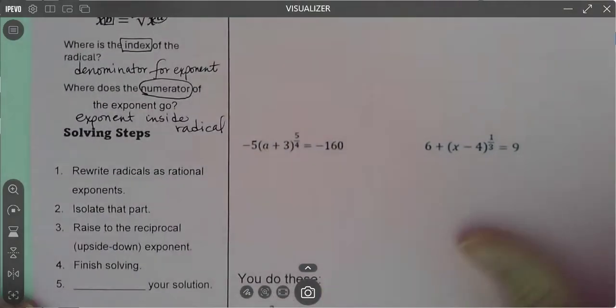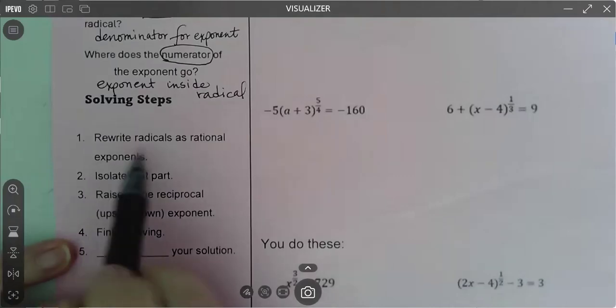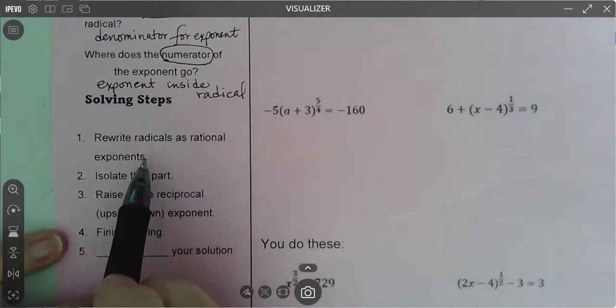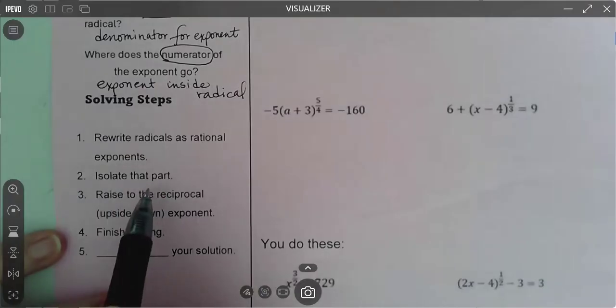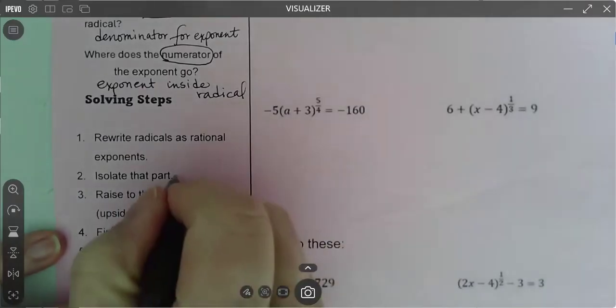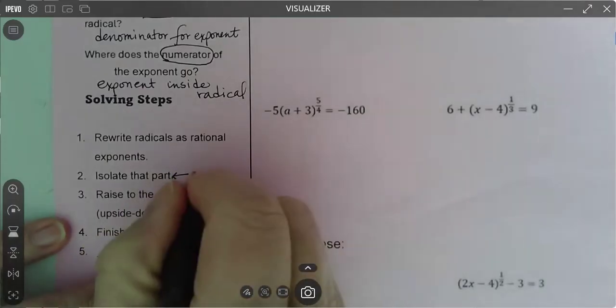Solving steps written in here. Rewrite radicals as rational exponents. Isolate the part that has the exponent.